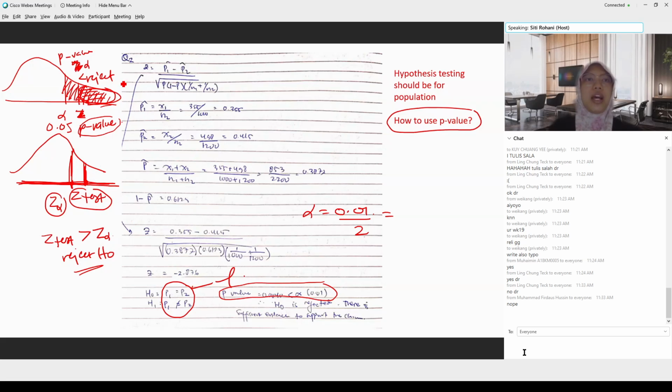So if you want to use alpha, use this one. If you want to use the z-test and z-alpha, use this one. But in our class, in our syllabus, it is better for you to use this one. I don't want you to be confused with the p-value. So if you don't know how to use the p-value, don't use it. Just use this one. You still get the same conclusion.